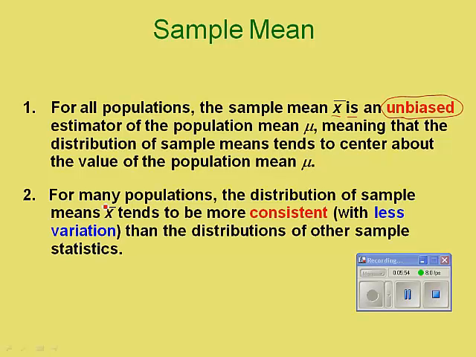And for number 2, for many populations, X bar is more, and here's the other stats word, consistent. What does that mean? Those are two big statistics words. So, when I say unbiased, here's what it means.